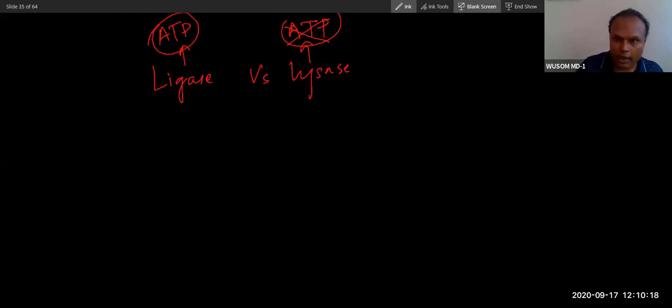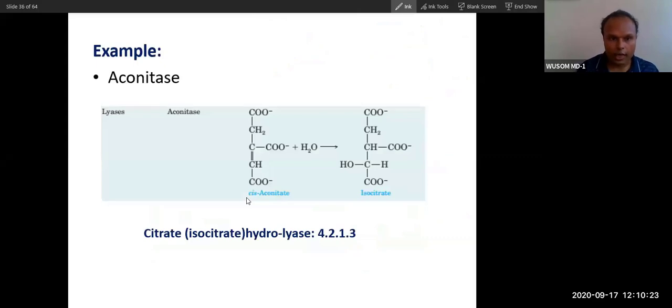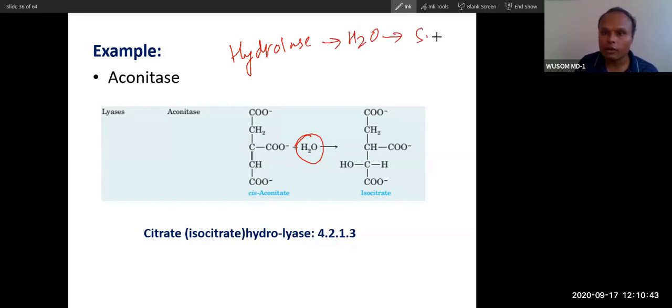Now, I'll give you another example, where another confusion arises. You can see there is a utilization of water. But if you carefully see, this water is being utilized to break the double bond, while in hydrolase, water is used to break a single bond. Got that?